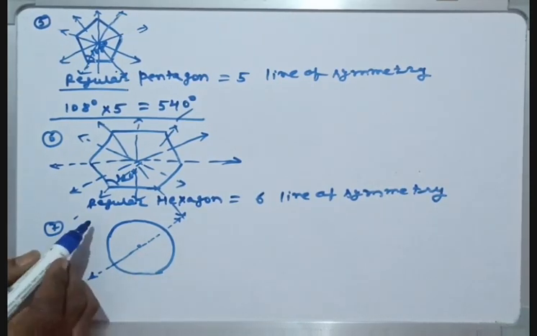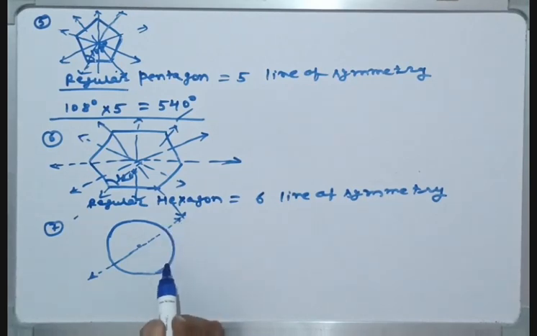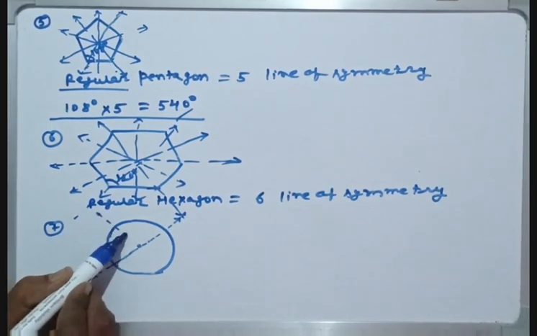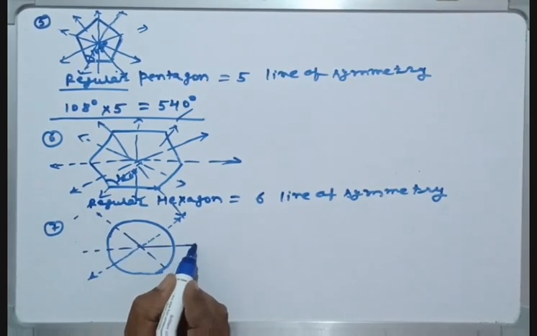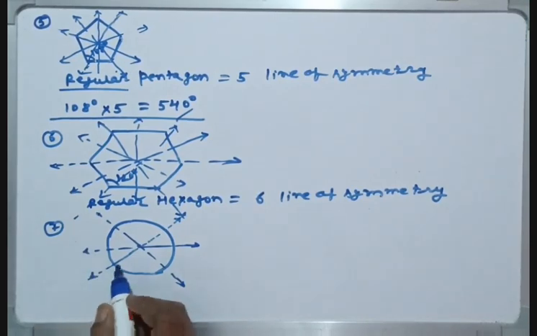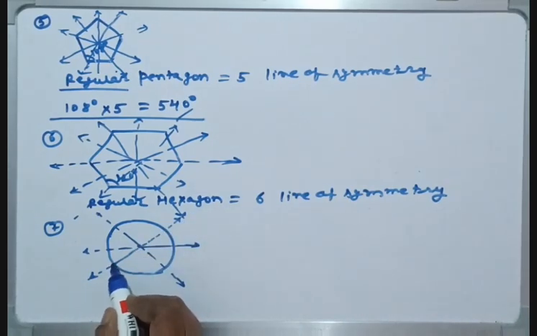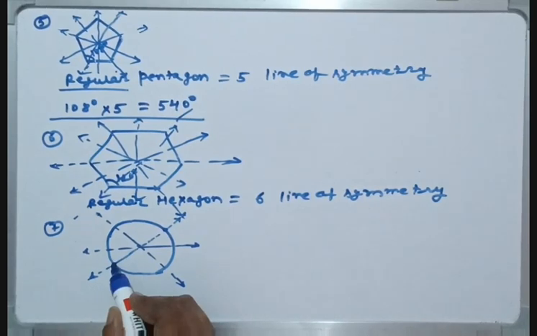Okay, so this circle divides into 2 equal parts by this line. So there are an infinite number of such lines. Okay, so you can also say a circle is symmetrical about its diameter.